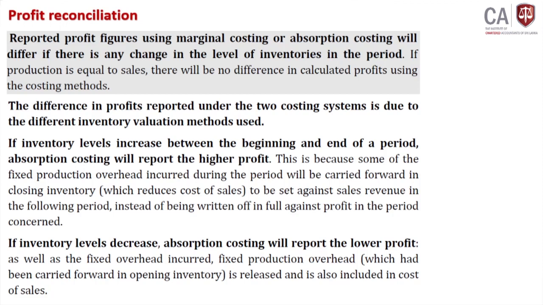Therefore, this difference arises if there is a change in activity level, which means if there is a difference between opening inventory and closing inventory. If production is equal to sales, if you sold the entire production, there will be no difference in the calculated profit using the costing methods, because there is no difference between opening and closing inventories.